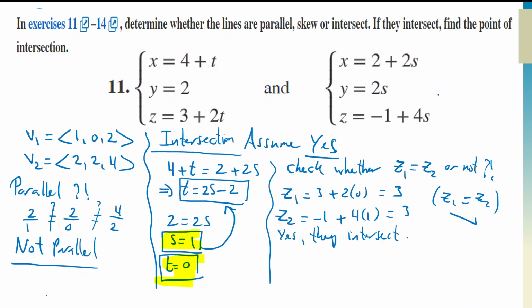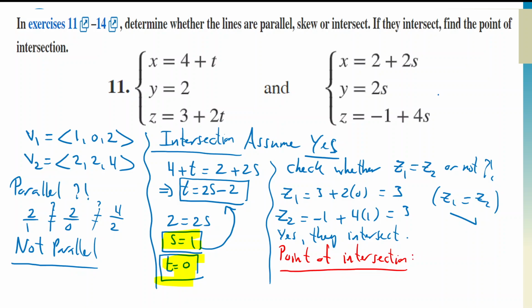Now you need to find the point of intersection. How do we find it? Remember, if the two lines intersect, then the point should be common to both of them. So either you replace t in the first group of parametric equations, or you replace s in the second one. Whatever you decide to use, you should get the same point.